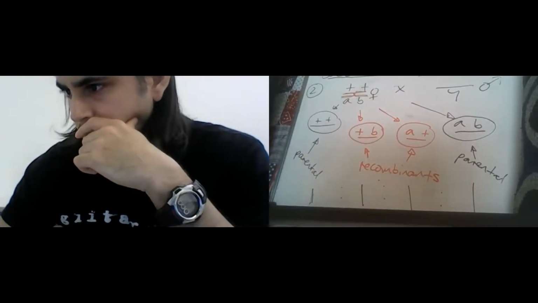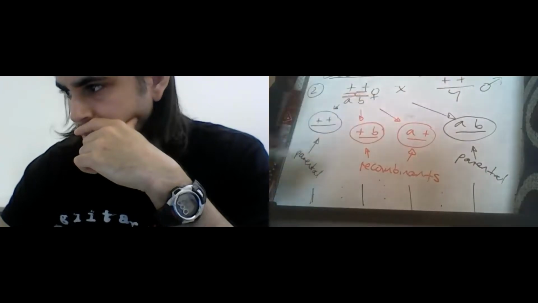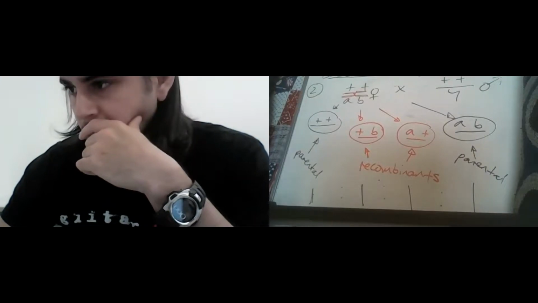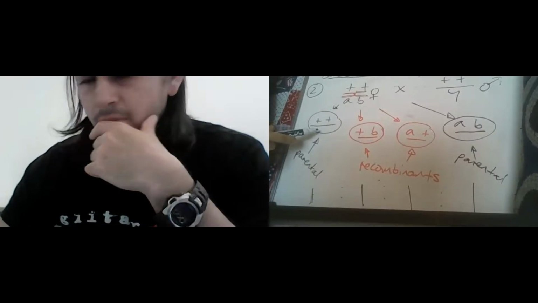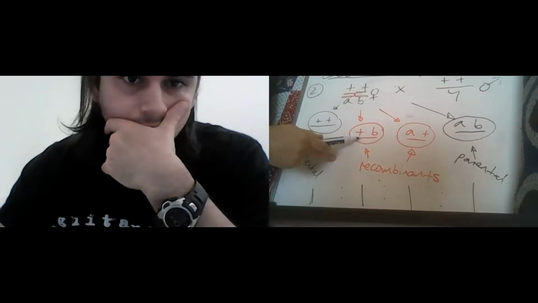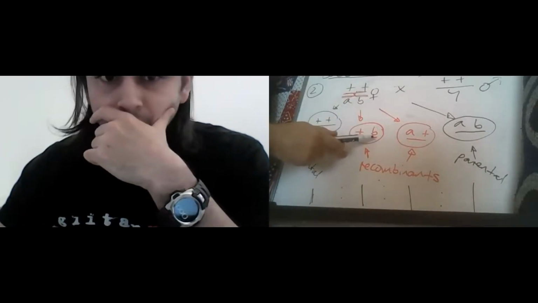Let's put it a different way. If I used a wild type male, red eyes, brown body, this offspring would be homozygous dominant for both, right? What phenotype would this one have? It'd be plus B over plus plus. It'll be dominant, dominant.